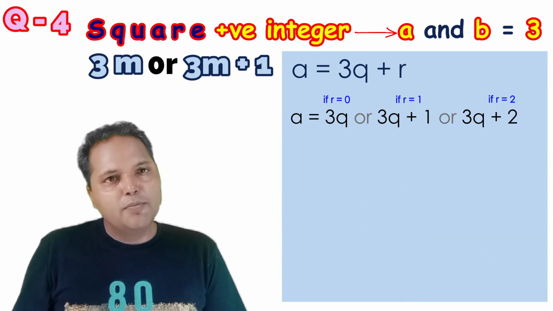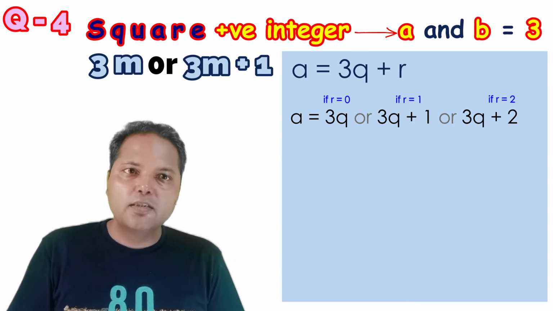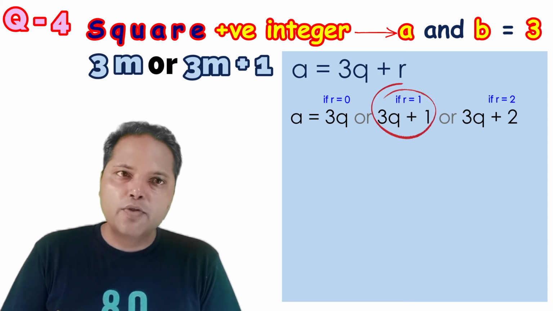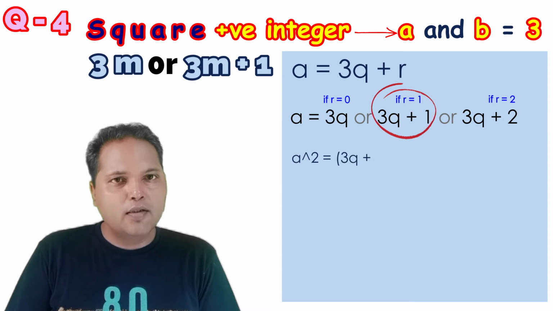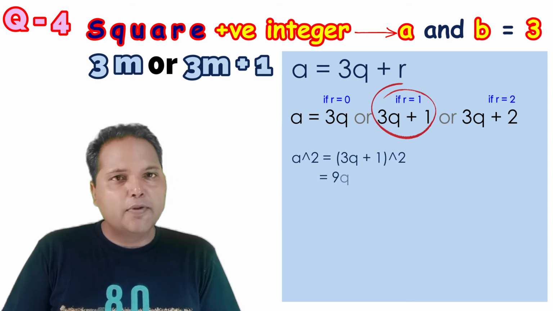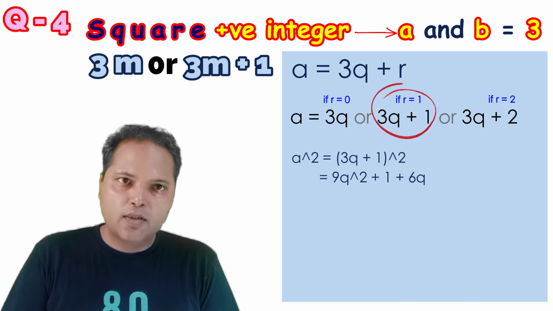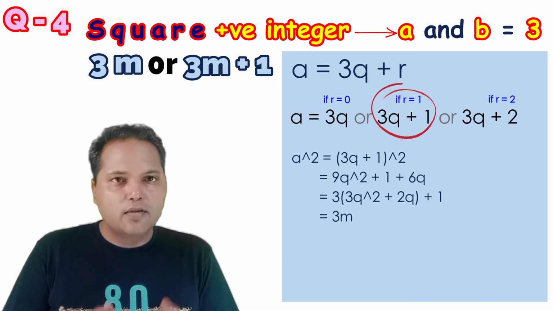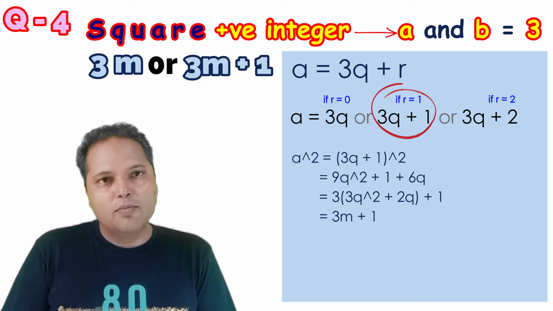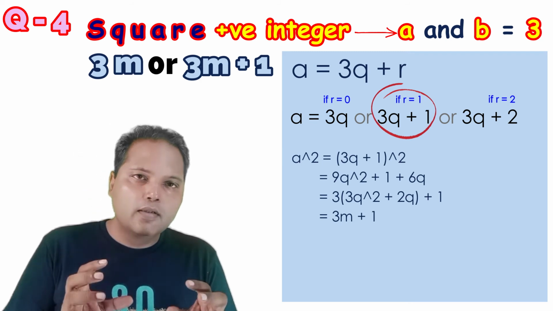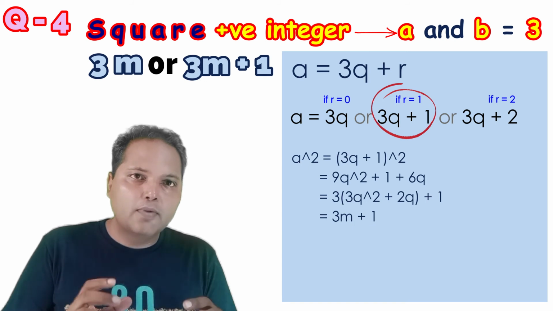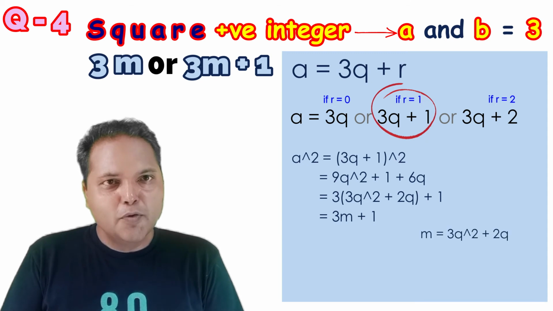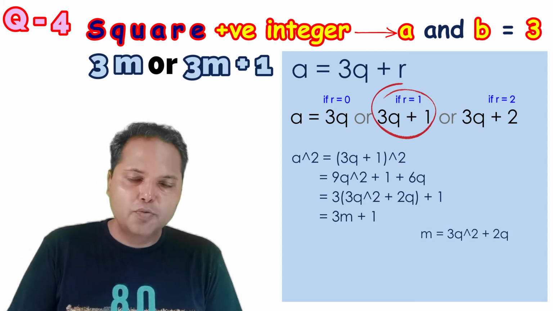तो चलिए अब यहाँ पर दूसरा एक केस ले लेते हैं जो हमारा सेकंड केस था, where r is equal to 1. a square is equal to 3q plus 1 whole square. So that becomes 9q square plus 1 plus 6q, and we can also rewrite it in this form. और अगर हम लोग ध्यान से देखें, then it will be like 3 multiplied by 3q square plus 2q, plus 1, जहाँ पर m की वैल्यू होगी 3q square plus 2q.